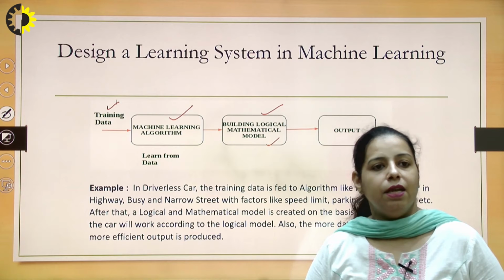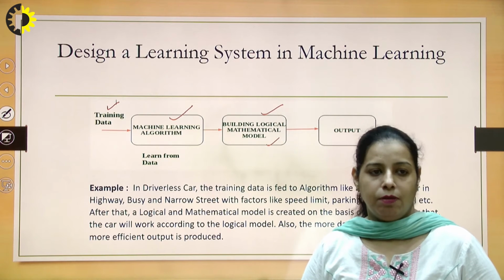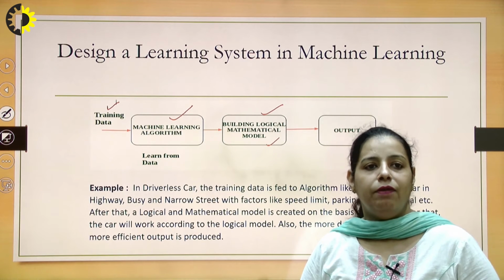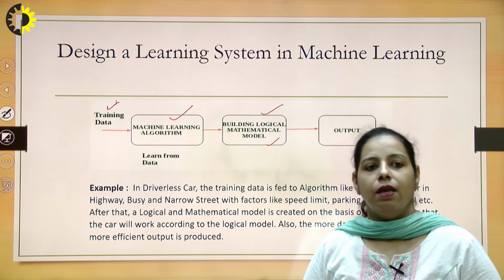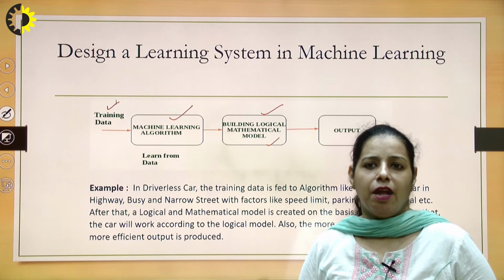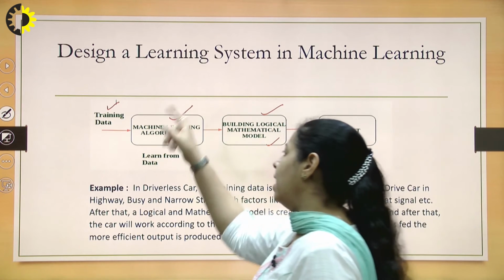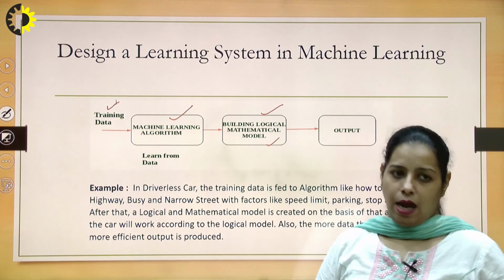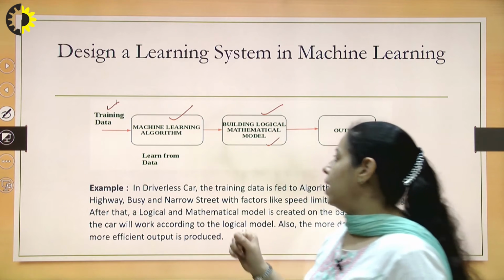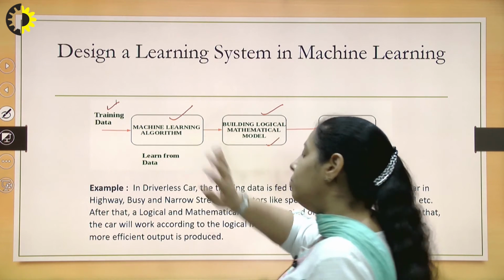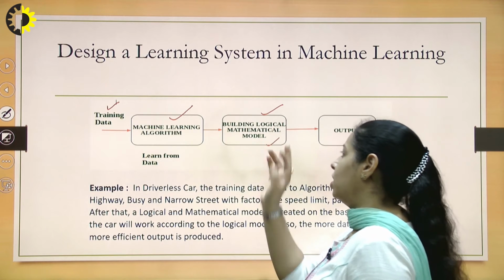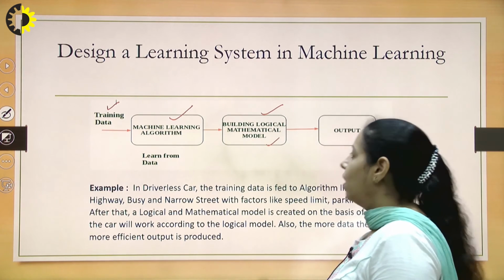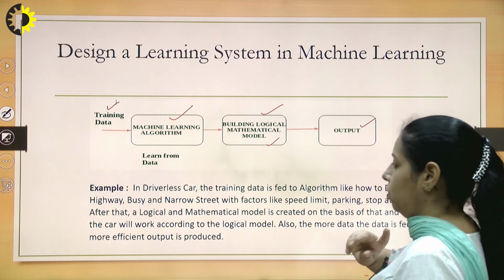As we have already seen, there are many machine learning algorithms: the sigmoid functions, neural networks, artificial neural networks, decision trees and many more. So any kind of algorithm can be applied here according to our problem. Then the machine learning algorithm builds a very logical mathematical model in order to give us the desired output.